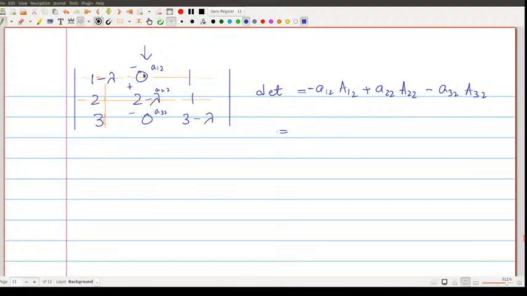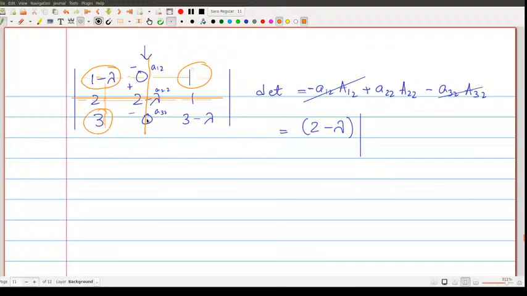But A12 and A32 are already 0. So I don't need to write this. I don't need to write this. The only thing that I need to write is A22 times its cofactor. So 2 minus lambda, then the determinant. So what determinant will I get if I remove this row and this column? So this entry, this entry, this entry, and this entry.